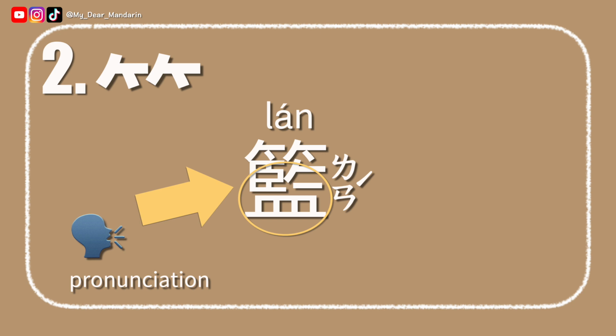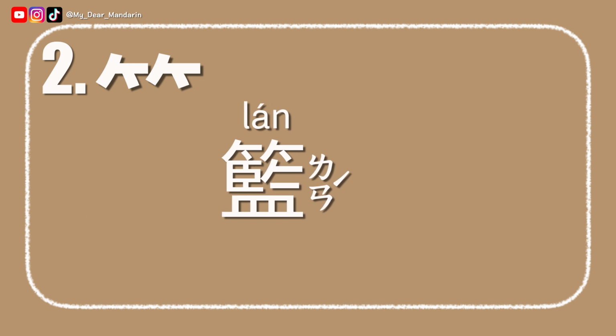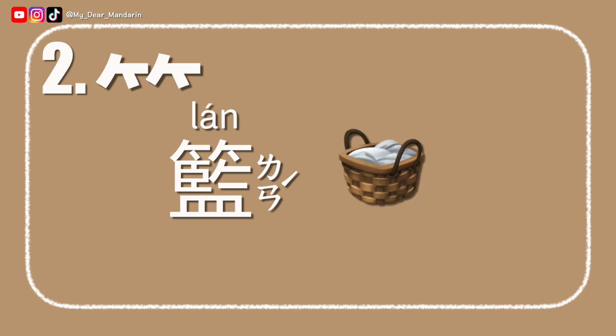To be exact, the character 兰 means basket. The radical shows that the character has some kind of relation with bamboo, which, in the times characters were created, baskets were mainly made out of bamboo.